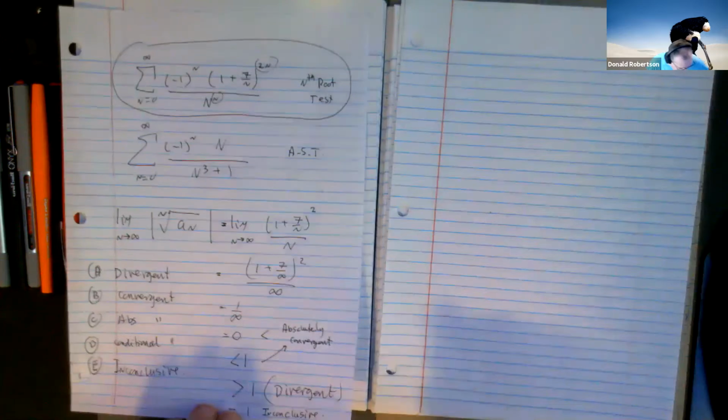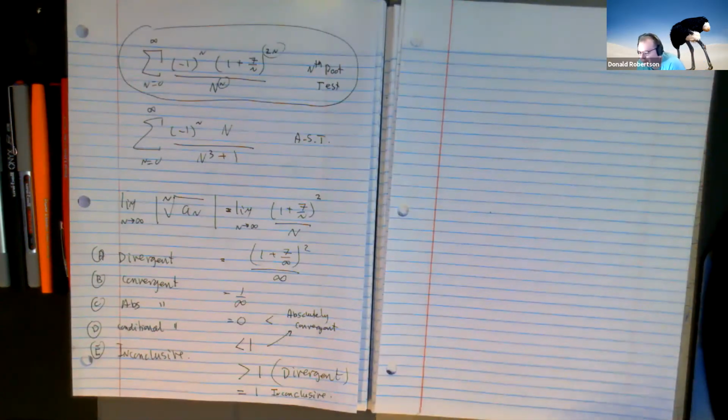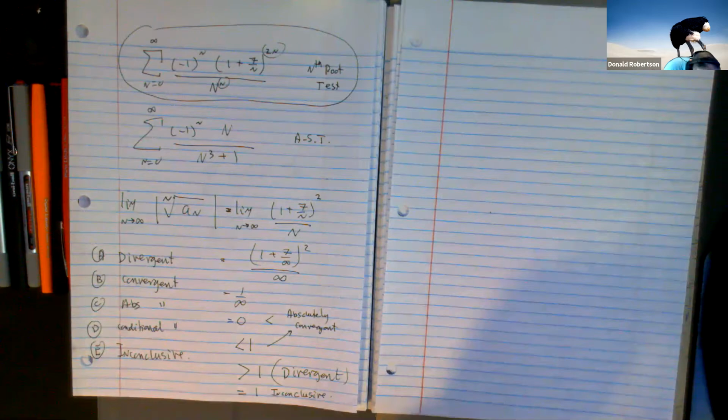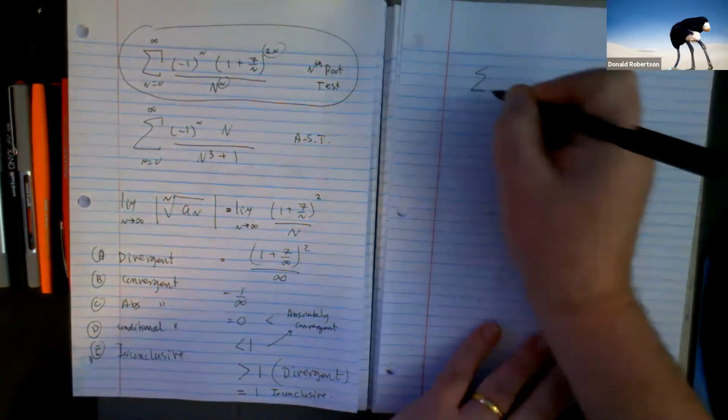Did you have an idea of your own horrible series, or is that one ugly enough? I'll move on from this in a few moments. I want to give you some series.